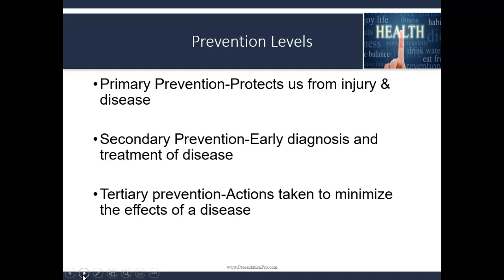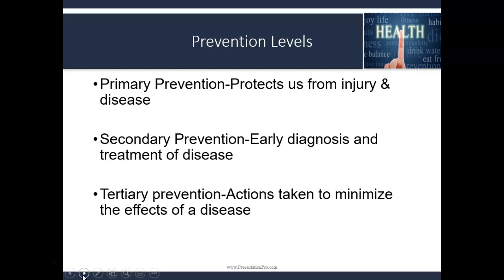The goal is to not have you progress into stage 3 or stage 4. And so when you think about tertiary prevention, it's the actions taken to minimize the effects of a disease, adverse outcomes, and minimize the spread of the disease further.